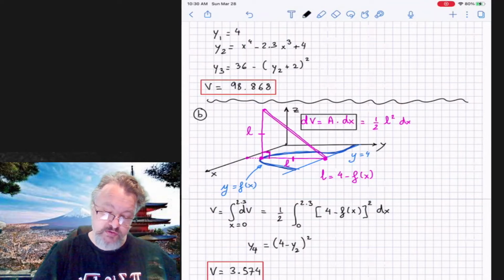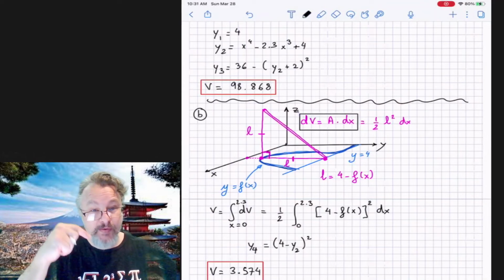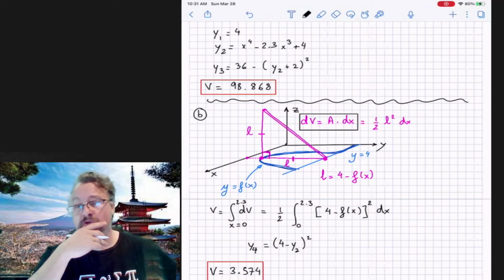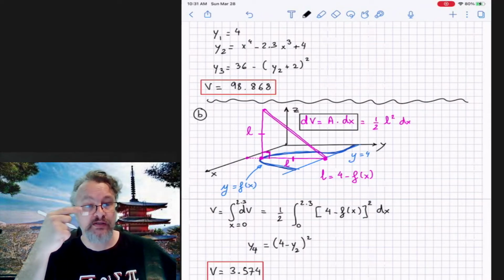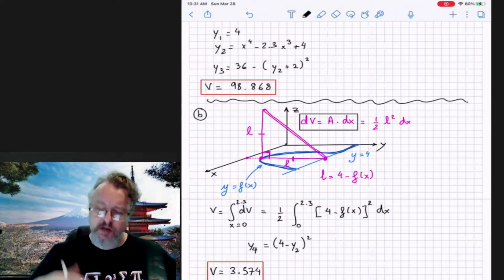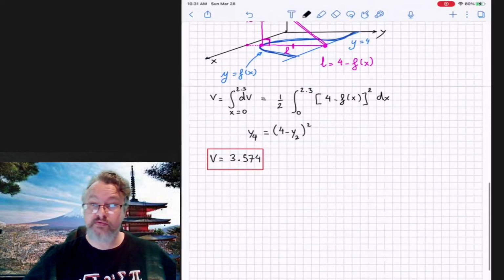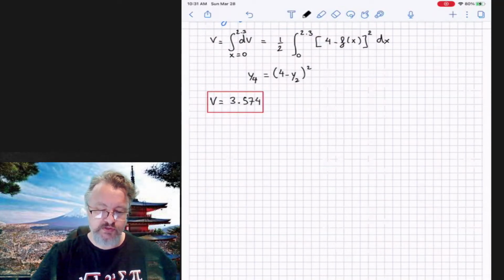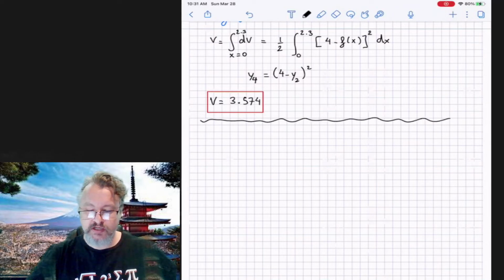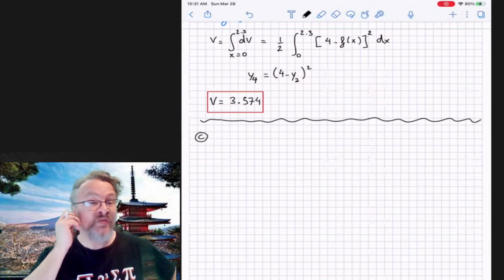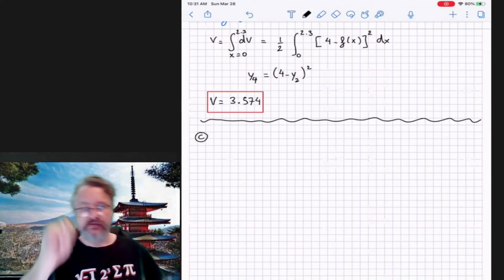The elementary volume is equal to the area of the cross-sections times the thickness. So if you're told that it's perpendicular to the x-axis, it's going to be dx, and if you're told it's perpendicular to the y-axis, it's going to be dy. Be careful. Most of the time they don't try to trick you with that, but I remember an instance a few years ago when it happened, so make sure that you have a dy right there.